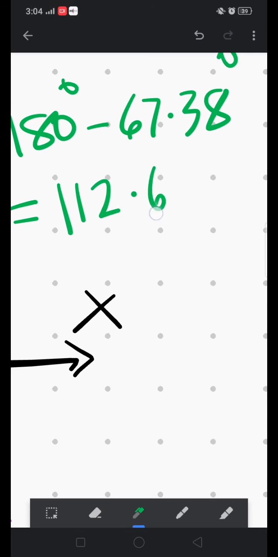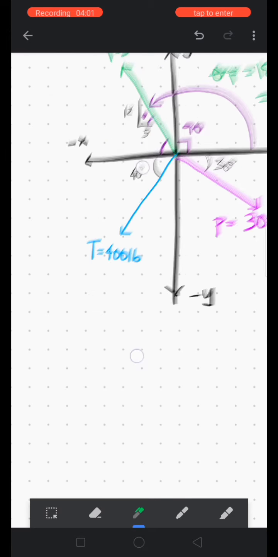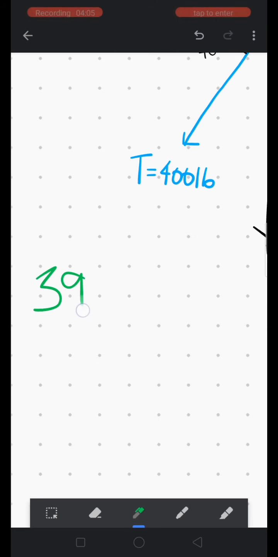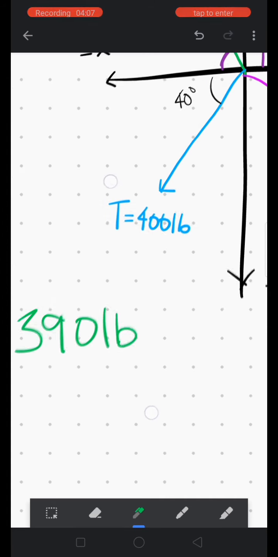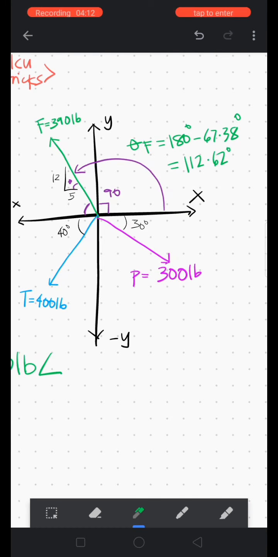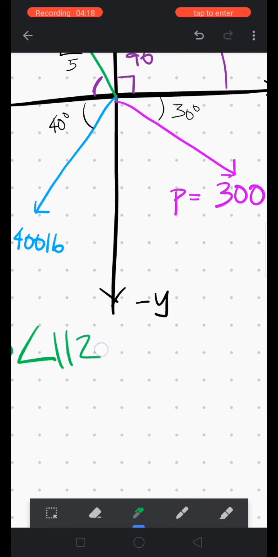Now our first force is going to look like this: 390 pounds, which is our F, times the angle from the x-axis to the force, 112.62 degrees.